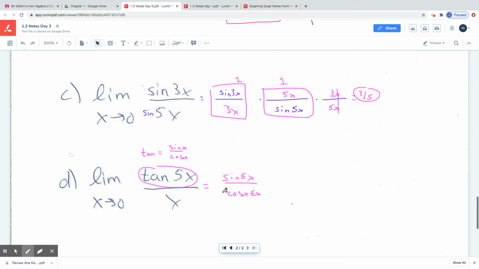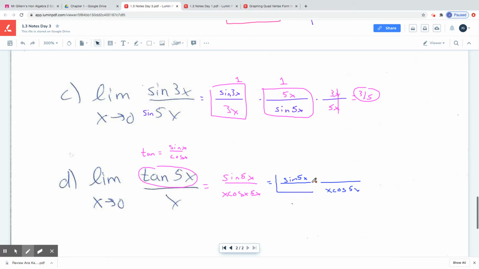But there's already an x on the bottom, so it's sine of 5x over cosine of 5x, and I'm going to separate the two.